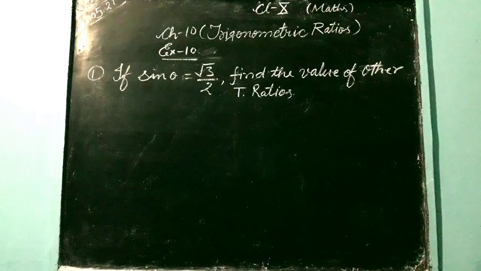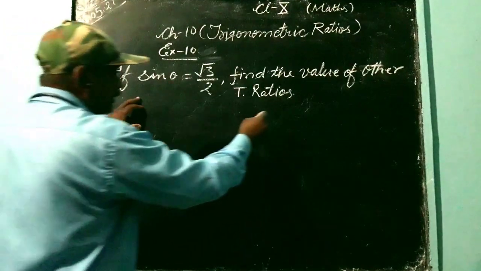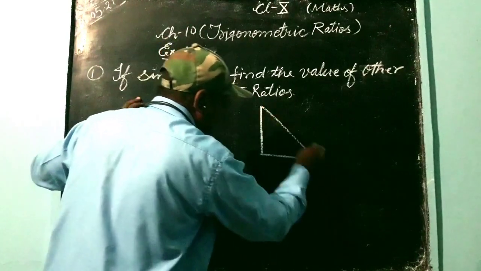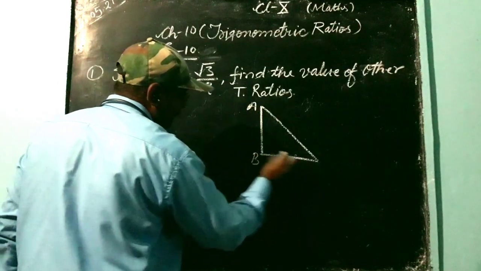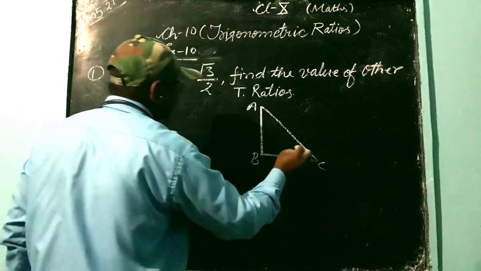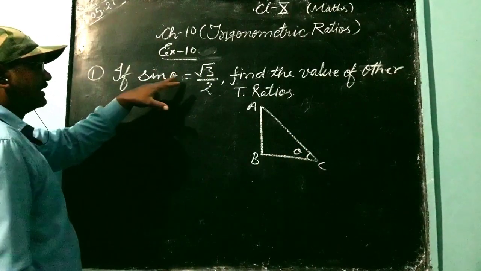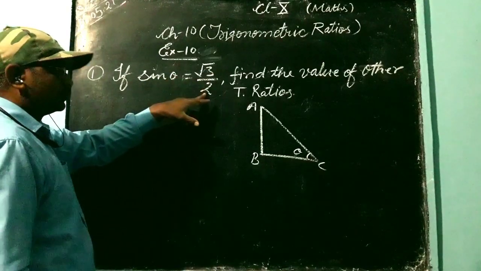So now in this question, first of all, you will make the right angle triangle ABC, with angle theta as given. Now sin theta is equal to root 3 upon 2.